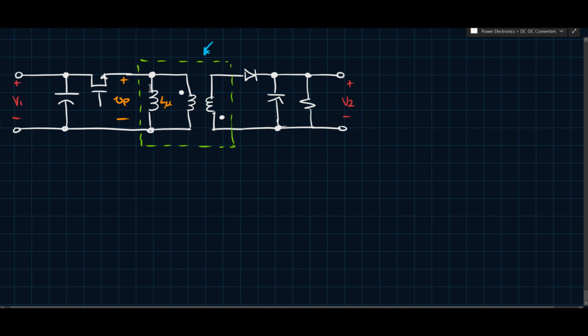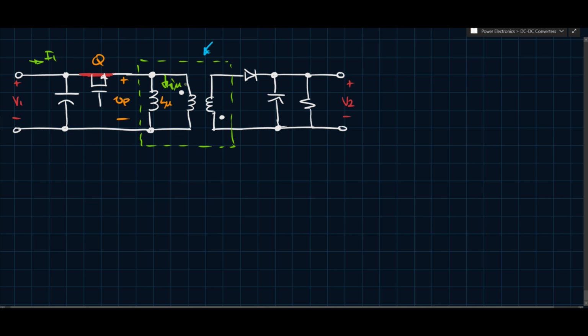If we label this Q, when Q turns on, you have a short circuit here. What happens is the current that comes in from V1, let's call it I1, will flow through here.